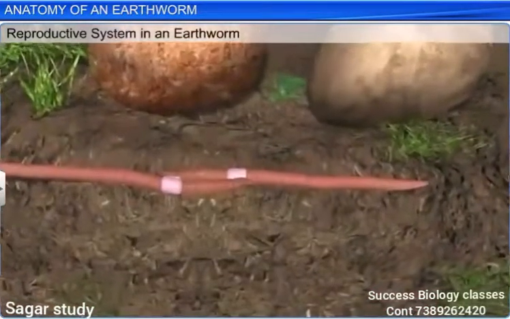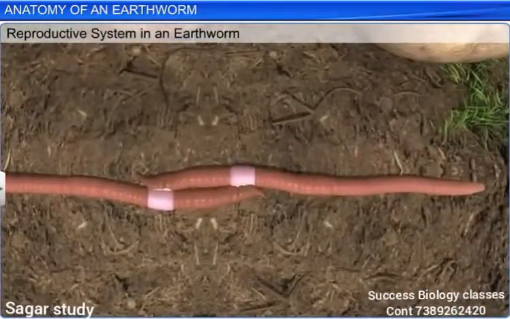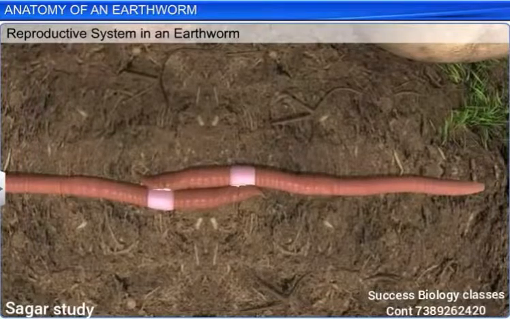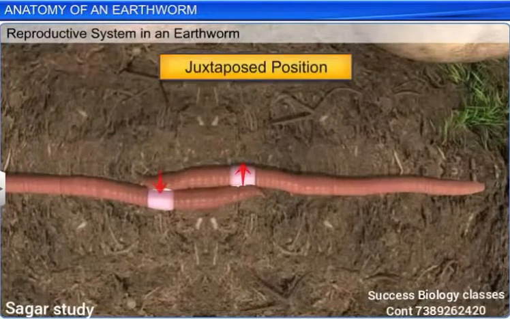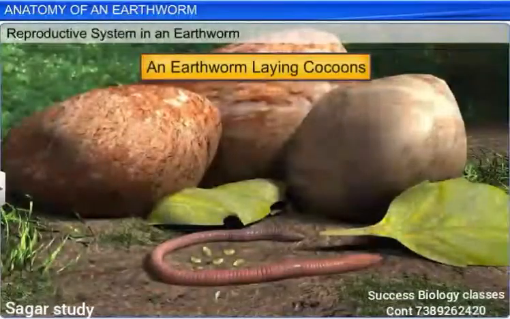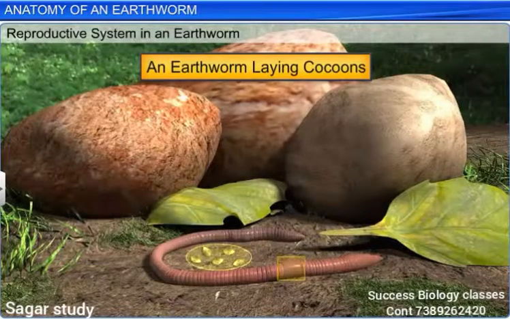Although earthworms are hermaphrodites, each worm mates with another worm. While mating, two worms lie in a juxtaposed position, resulting in a mutual exchange of sperm between the two worms. Later, cocoons containing mature sperm, eggs, and a nutritive fluid are secreted by the gland cells of the clitellum.